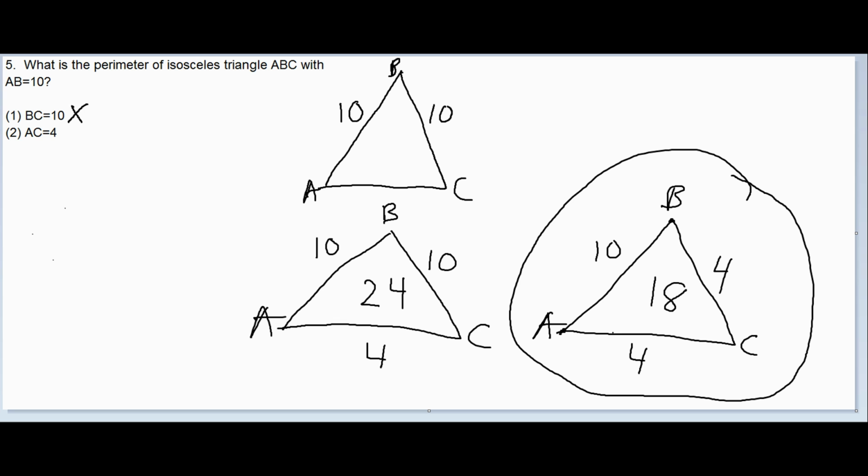But that doesn't really make sense because the shortest distance between the 2 points must be 10, so we can't go a less direct way and only go 8. So this triangle is not valid, so we'll cross that out. So actually, statement 2 is enough to solve the problem, so the answer would be B. Statement 2 is enough on its own, but not statement 1.